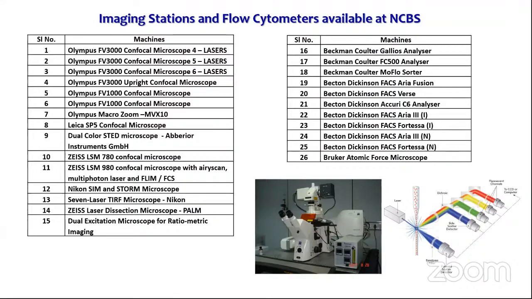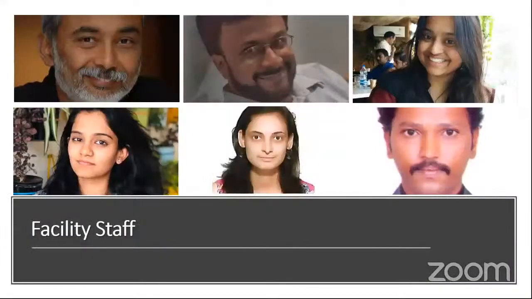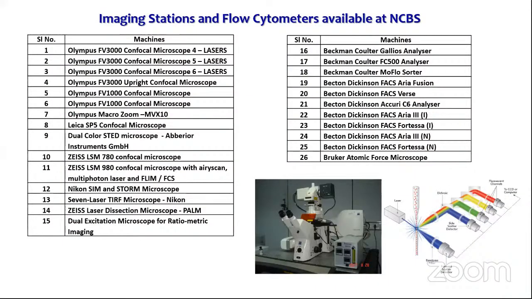So these are the set of microscopes and flow analyzers and sorters that we have in the facility. So we have a few point scanning confocal microscopes. These are our workhorses and they run almost 24/7. Not nowadays, because due to COVID we can't keep the facility open overnight.